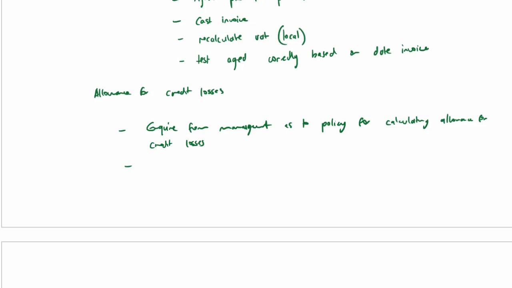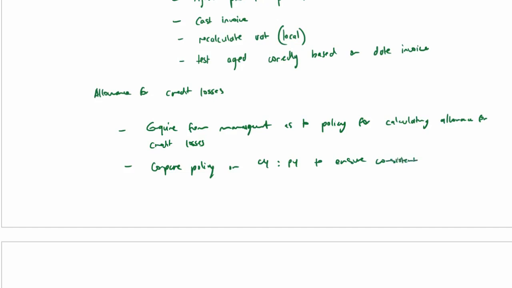Then I want to make sure it's consistent, because they didn't say that they changed it. So I'm just going to test consistency by comparing it to the prior year. Compare the policy in the current year to the previous year to ensure that it is consistent.